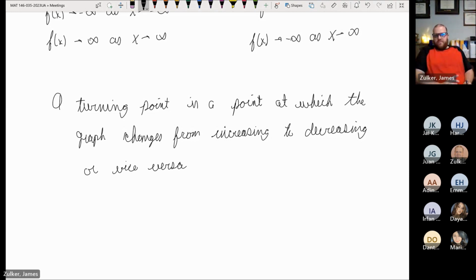It's going to be a point at which the graph changes from increasing to decreasing or vice versa.